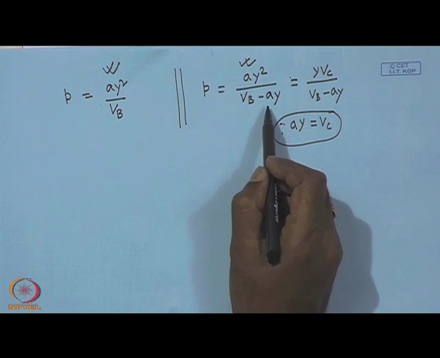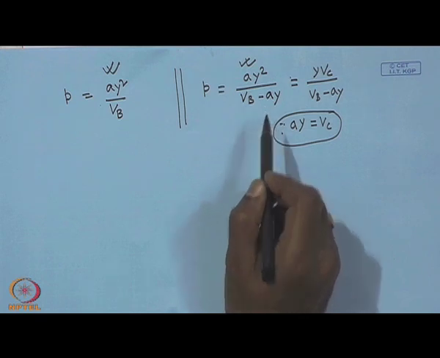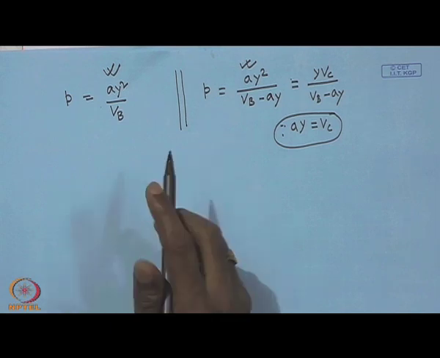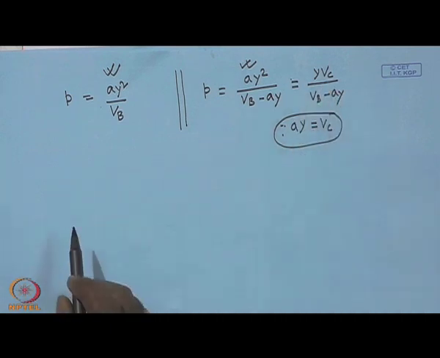Since Ay is small, we can neglect Ay in comparison to Vv. Vc is the volume of the capillary.